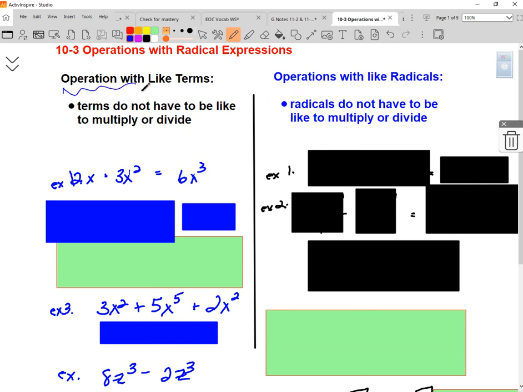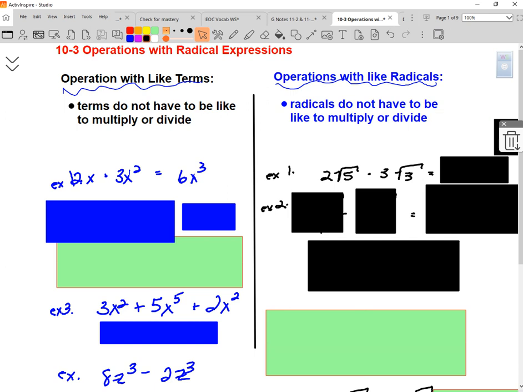So we're kind of comparing like terms and operations with like radicals. We're supposed to be pretty good at this point with working with like terms and unlike terms. So operations with radicals, radicals do not have to be like to multiply or divide. So our first example is going to be 2 times the square root of 5 times 3 times the square root of 3.